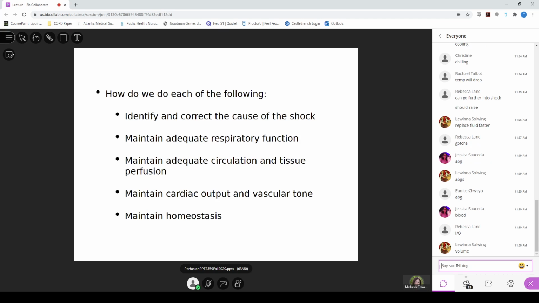Whether it's blood or blood products or IV fluids, depending on what part you're at in his treatment. And you need to monitor the input and output. And then as far as venous access, if you saw or heard in the helicopter where they put 2 large bore IVs in him, why do you think they did 2?